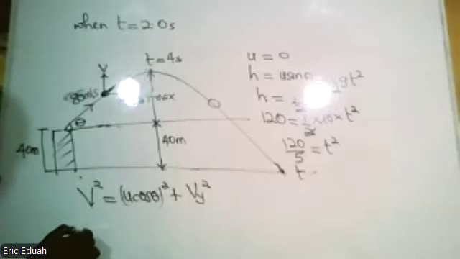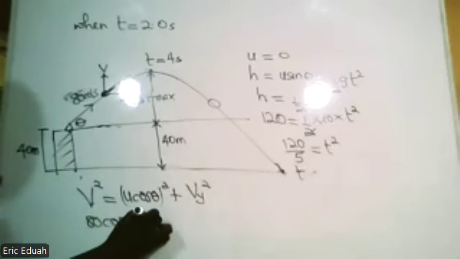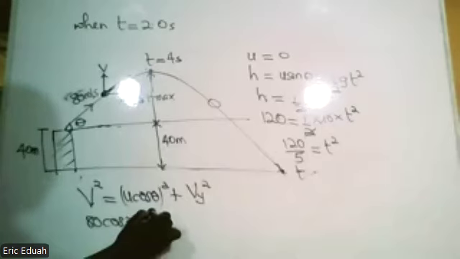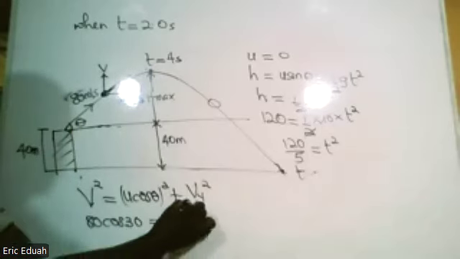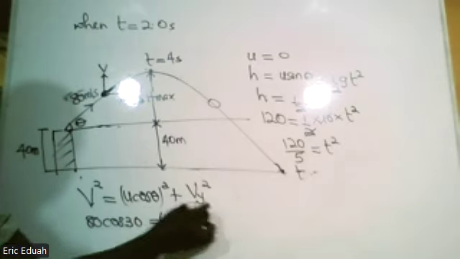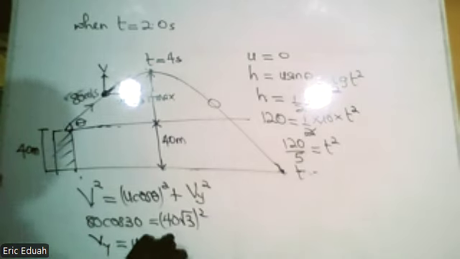Find U cos theta. U cos theta is 80 cos 30, which is 40 root 3. What about Vy? Vy using U sin theta minus gt.